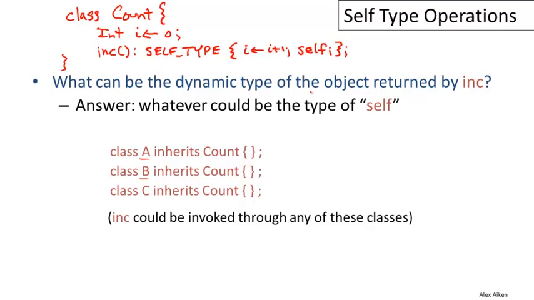And the question is, what can be the dynamic type of the object that's actually returned by inc? And the answer here is that it could be whatever is the dynamic type of the self object. And if we think about a big program where there's multiple classes that inherit from count, then the answer is that inc could return count or any subclass of count.